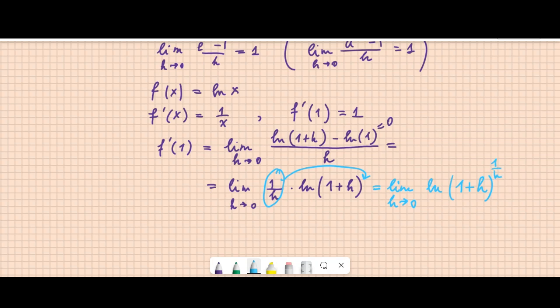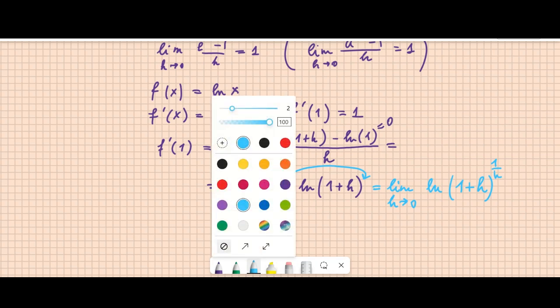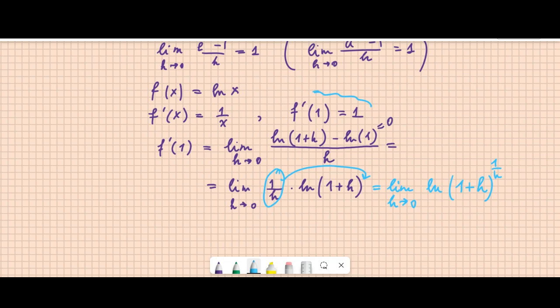You'll probably ask me what it is going to give us. Well, what I'm going to do now with all this expression: I know that this limit is supposed to be equal to 1, right? Originally, the derivative at 1 is equal to 1. So it's supposed to be equal to 1. What I'm going to do now?